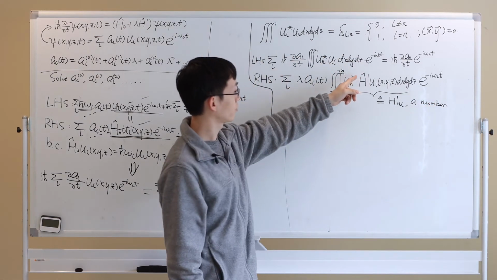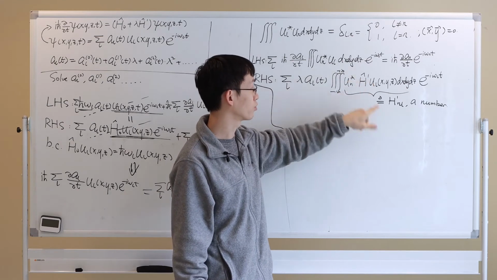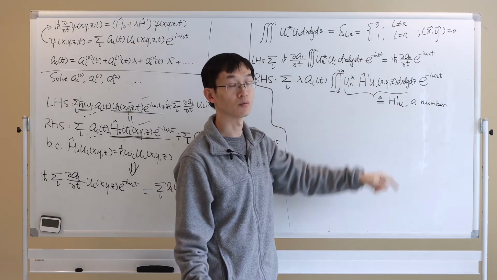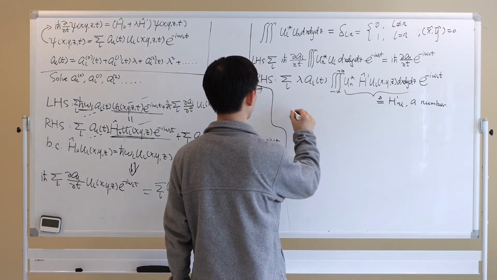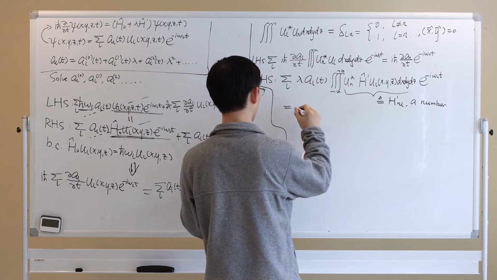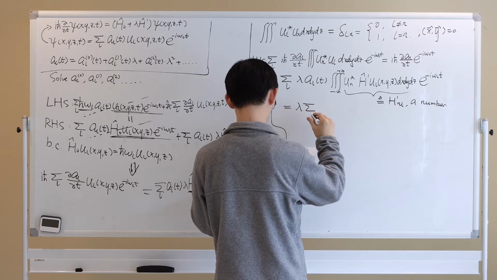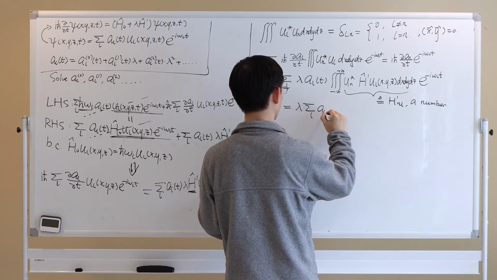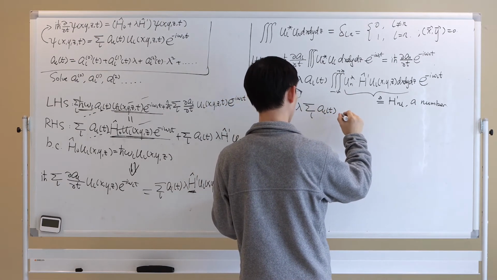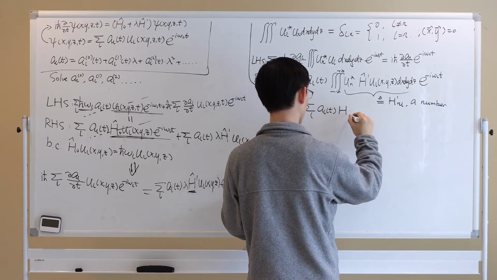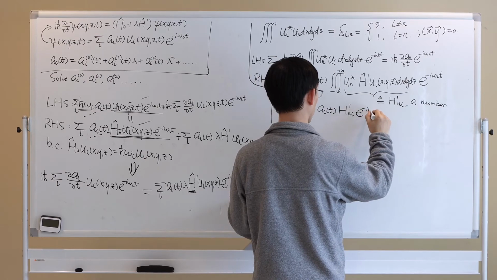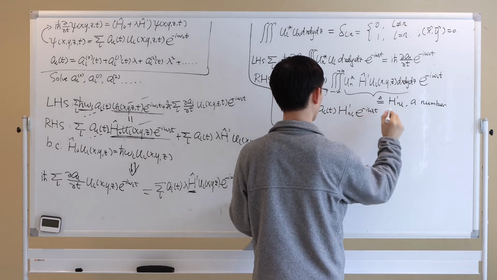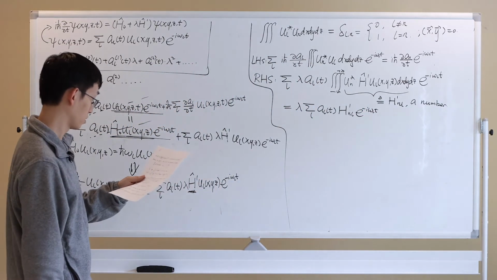So here, a small hat means operator. No hat means it's a number or a function. Okay, so this one you can simplify to λ sum over l, a_l(t), H_nl, e to the minus iω_l t.